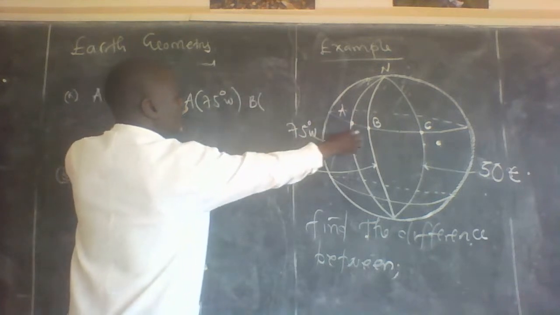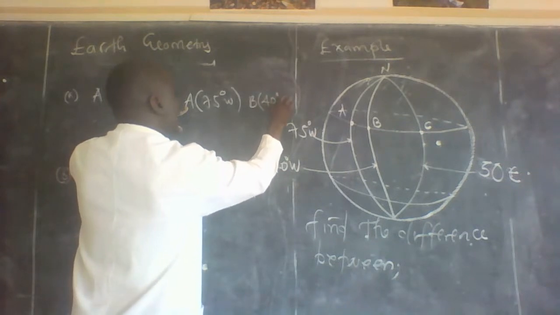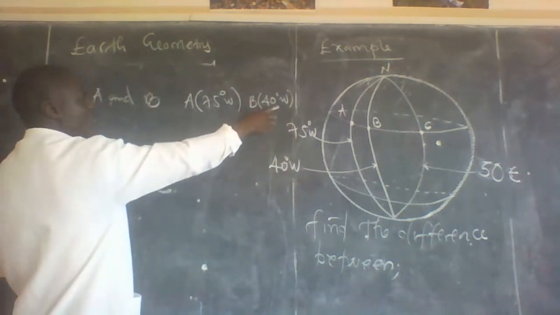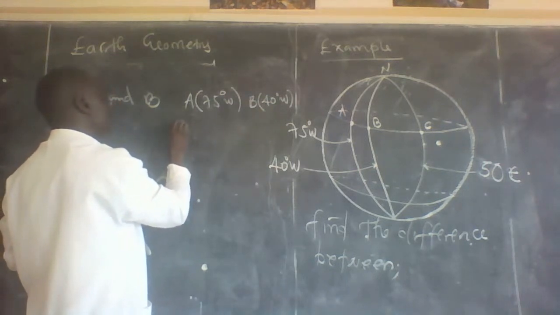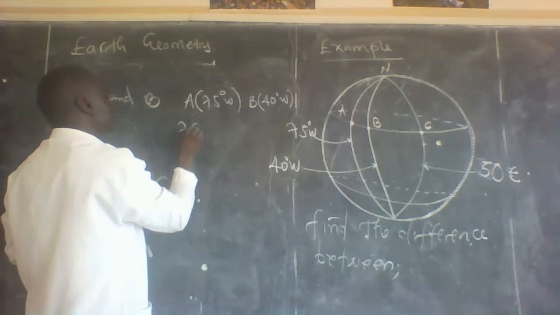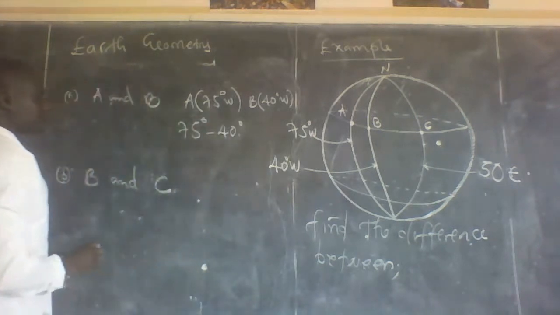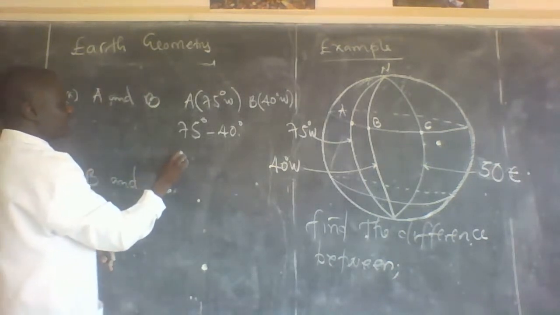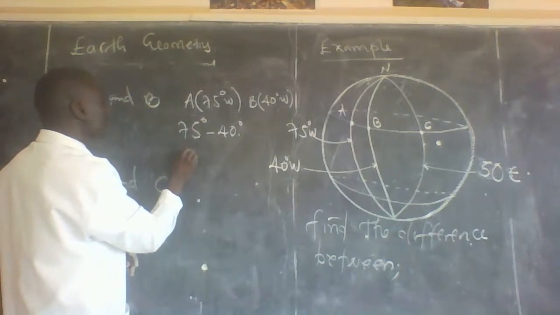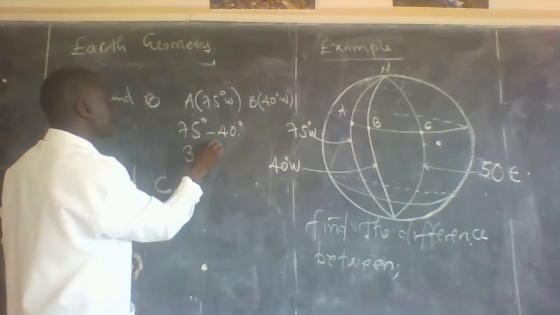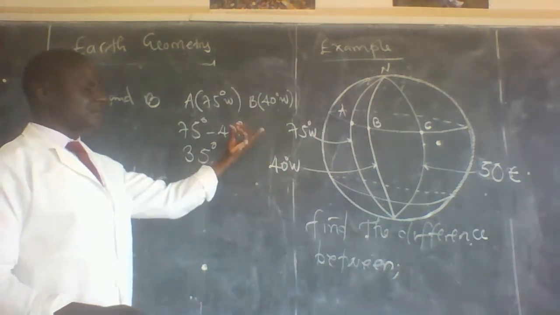Then B here is only 40 degrees west. So because both are on the same side of the globe, the difference will be found by subtracting 75 degrees minus 40 degrees. And you find that the difference will be 35 degrees because they are on the same side.